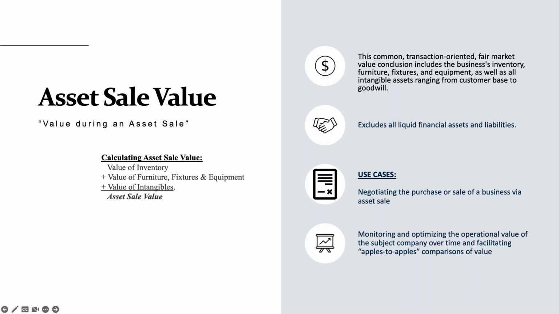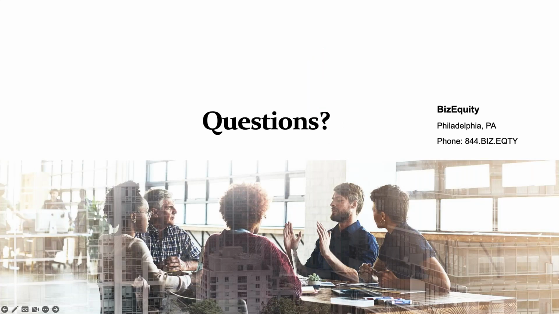Okay, got it. Another one, which we might have to do some research on and come back to: someone asked, what is the approximate percentage of transactions that are stock versus asset sale? Do you have any insight on that? I don't have the exact figure here, but the majority of small business transactions are going to transact as an asset sale, for a lot of the reasons that we mentioned.